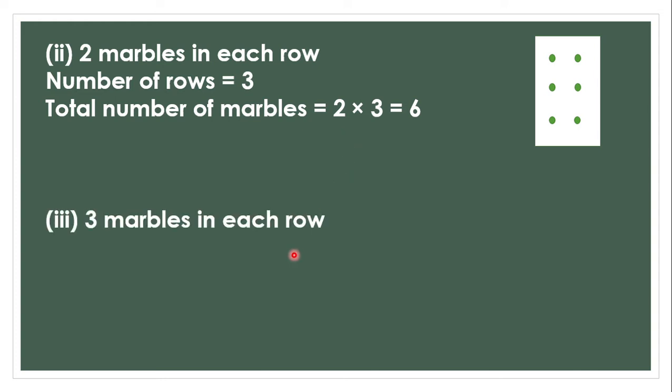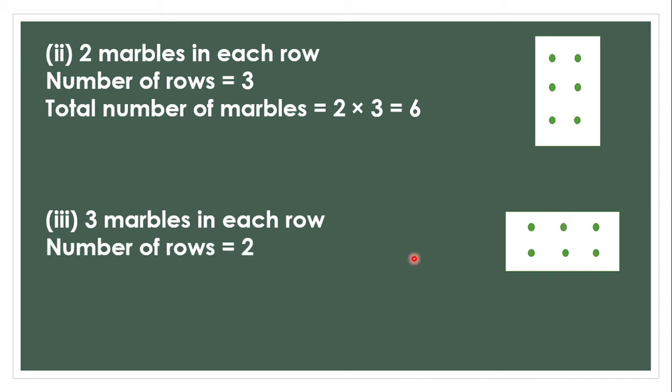3 marbles in each row. See here, we are going to see the arrangement. So in each row, how many are there? 3 marbles in the first row, 3 marbles in the second row. And how many columns? 1, 2, 3 columns.